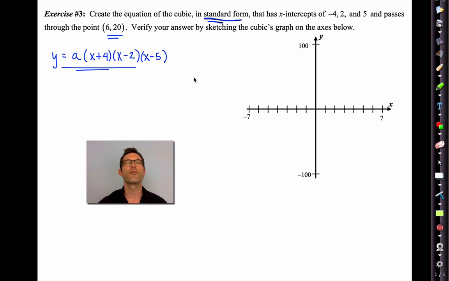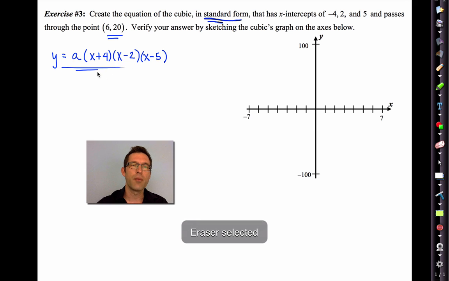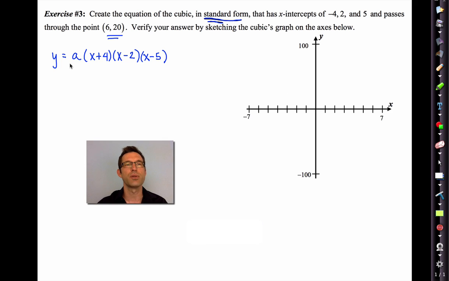So that is our first step. That is the equation of our cubic all factored out. What I don't have yet is that product worked all the way out, and I also don't know the value of a. Just like in exercise number 1, my personal belief is it's easiest to figure out a right now. So I'm going to figure out a at this point.